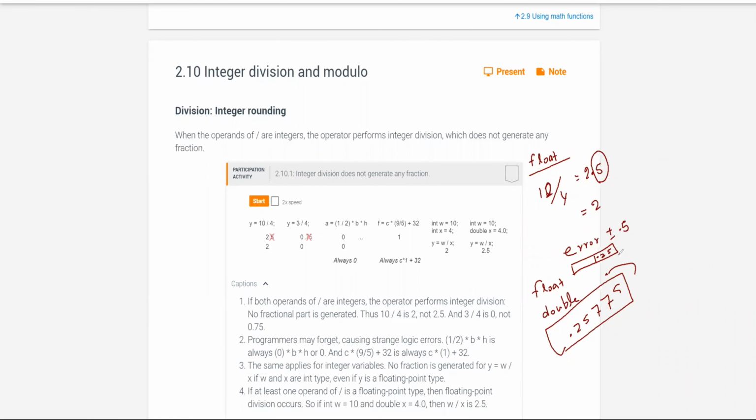If you want only 2 digits, float is good. But if you really want to take care of larger decimal numbers, you go with double. So that is the difference between float and double, and the advantage and disadvantage of using integers. If you know all that, this is what they're discussing here, the reasoning and why it is important. So go through this.